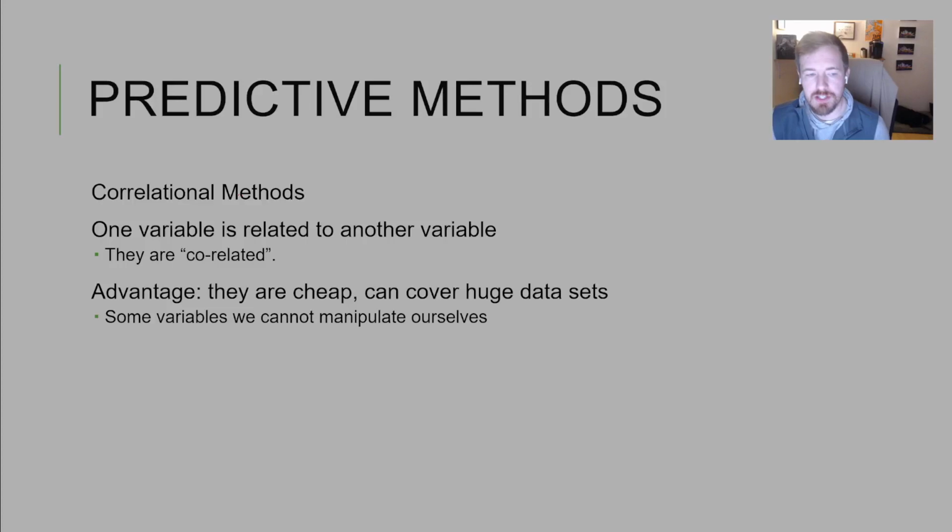But correlational methods are the measurement of the relationship that one variable has with another variable. So how these two variables are co-related. That is why it's called correlated.